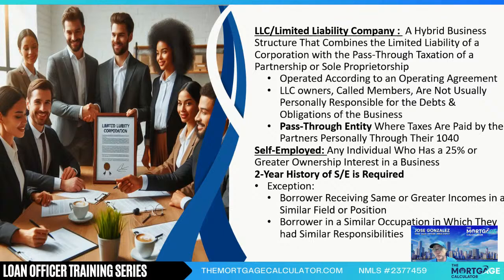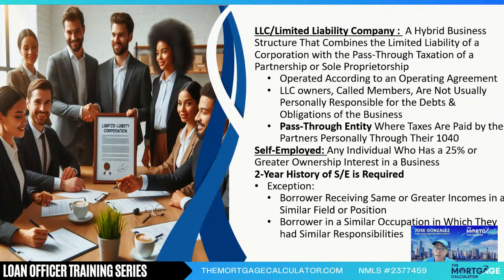Number two, the second bullet point, is the one that we normally use in the exception. This bullet point would be applicable, for example, to a doctor, right? I've had loans recently come through my desk in review for another MLO where the doctor was previously a W-2 employee, then they transitioned to 1099 employee.